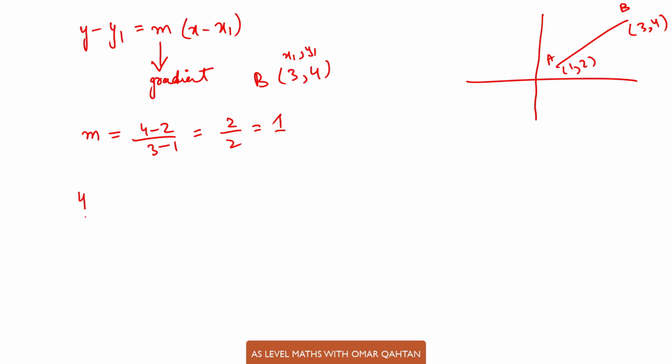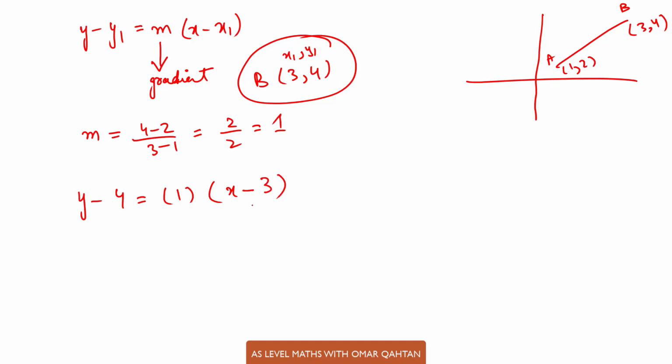Just substitute this into the equation. y1 is 4, so y minus 4 equals m, which is 1, times x minus x1. x will remain the same, and x1 is 3, so y minus 4 equals x minus 3.